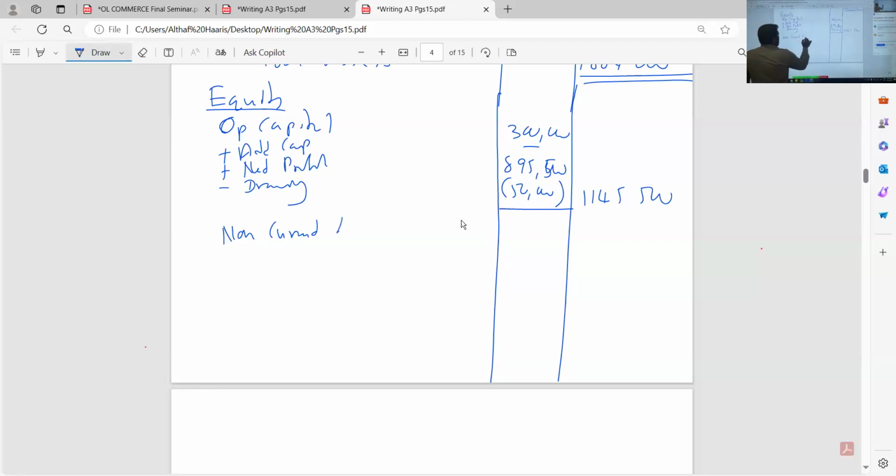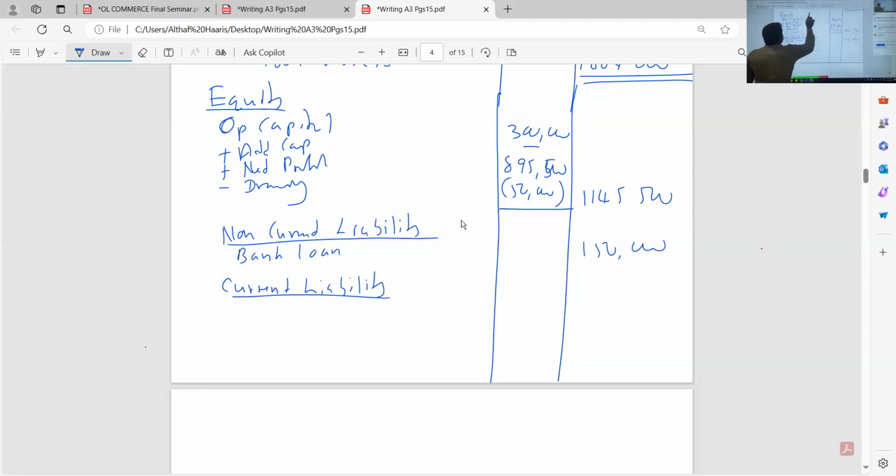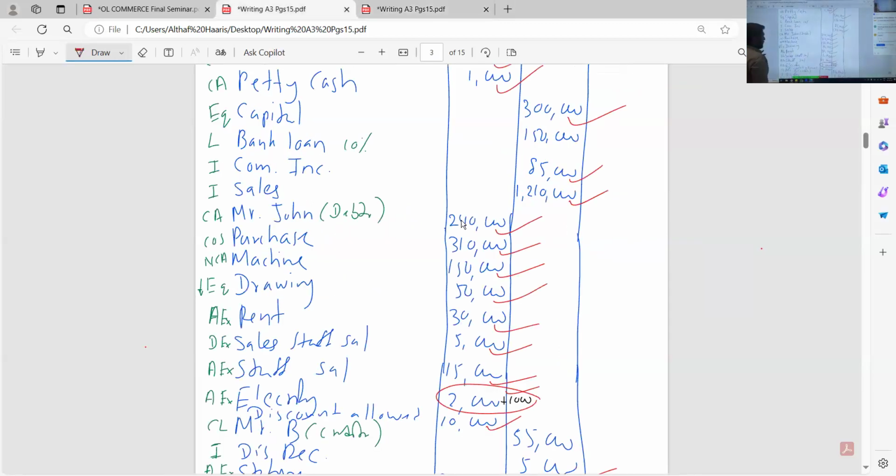Non-current liability. The bank loan, 150,000. Then you have the current liability. So what are the current liabilities that we have?